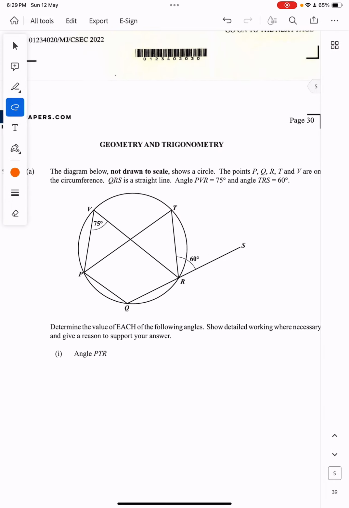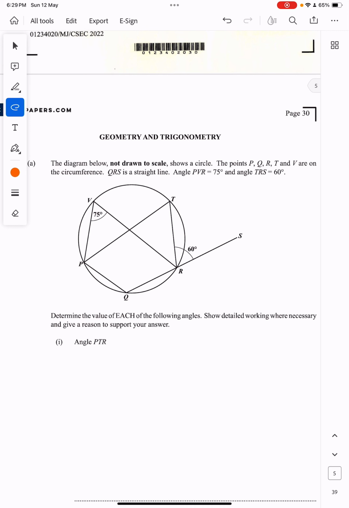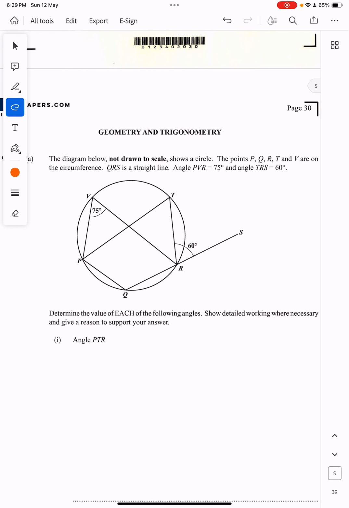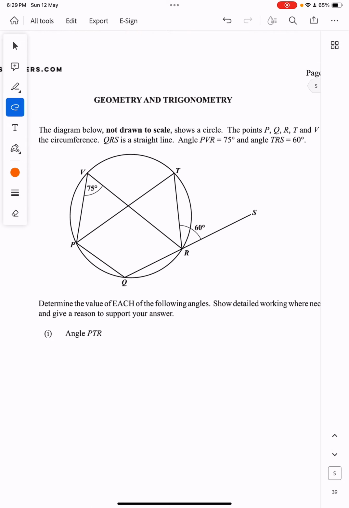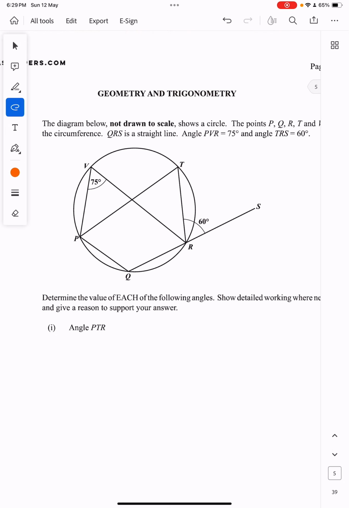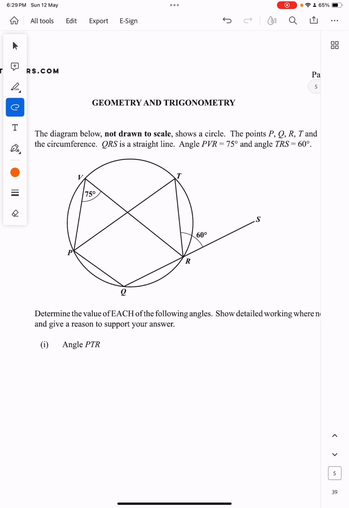So the first part is asking us to determine the value of each of the following angles and show detailed working where necessary. Give a reason to support your answer. So we want to first find angle PTR, which is this angle here. And firstly, we can see that angle PTR and angle PVR are coming from the same points.